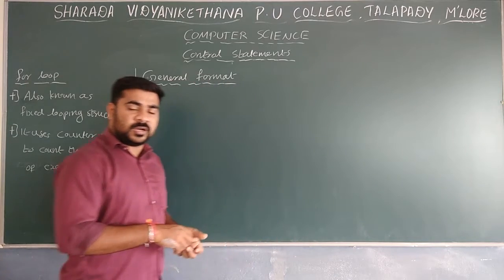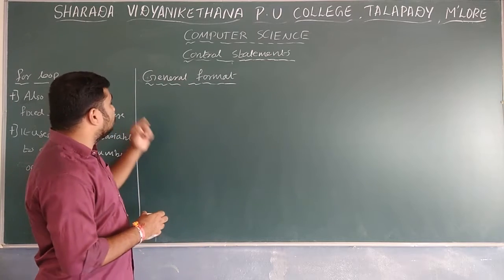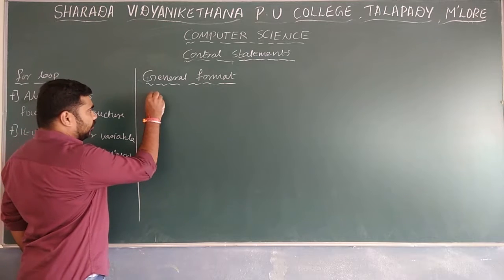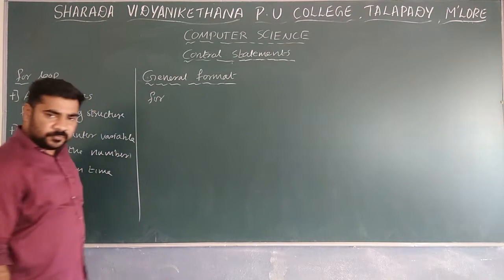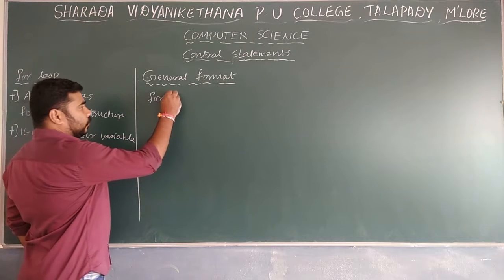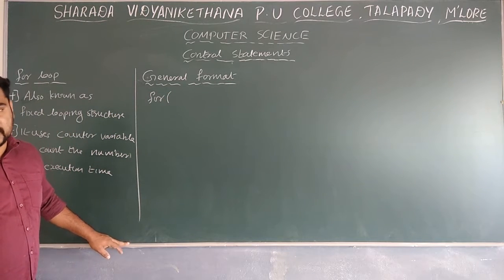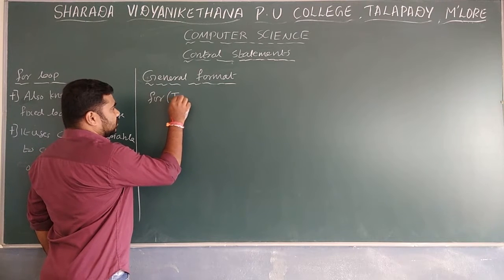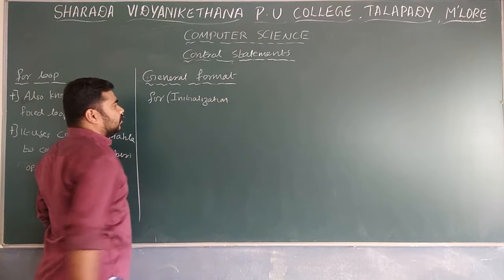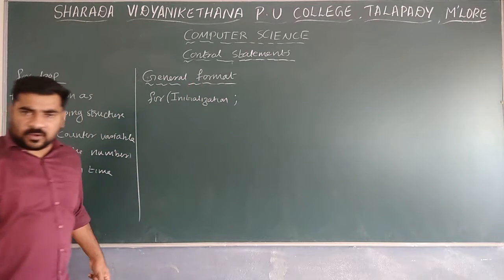So how can we implement this? Already explained in the programming constructs part. Once again, I will explain how to use the for loop, the general format. Whenever you use the for loop, first you have to use the keyword for, then open parenthesis. The first part is initialization, then a semicolon.